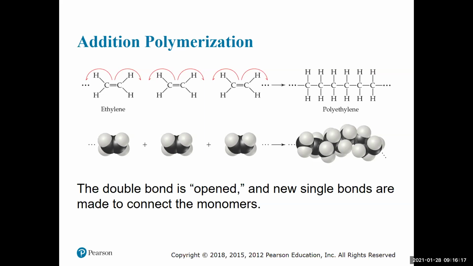That means you've got a lot of electrons there, and it kicks out some of those electrons, and you wind up, in this case, forming polyethylene, which is just a long chain of CH2, CH2, CH2 on down the line, okay? So this is the addition type of polymerization reaction, where you just keep adding on. And depending upon how long that chain is, you get different physical properties.